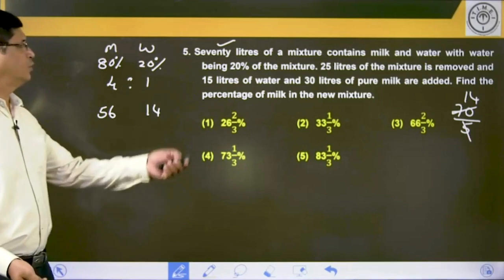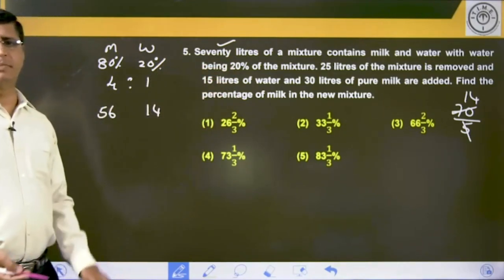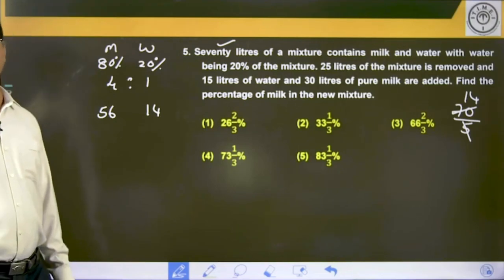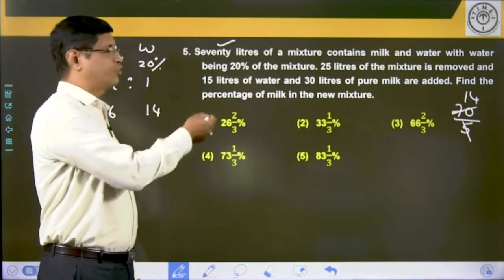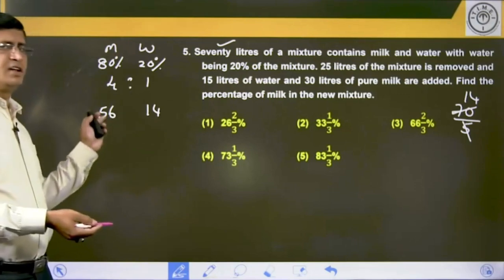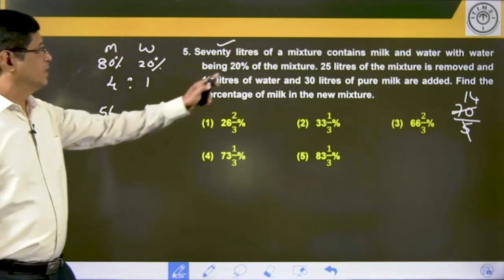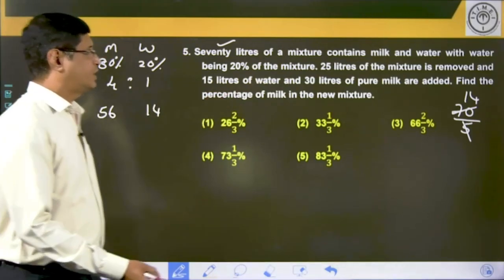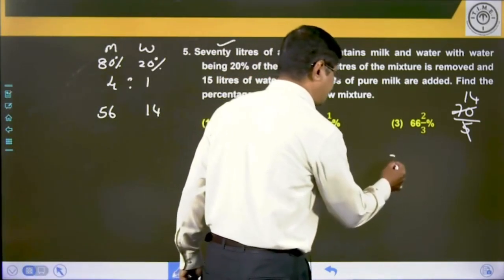Okay. Or you can do 70 liters, 20%, that is 14. Directly by using percentage also you can do. So 70 into 20%, that is 14. The remaining is 56. Okay. Now 25 liters of mixture is removed.